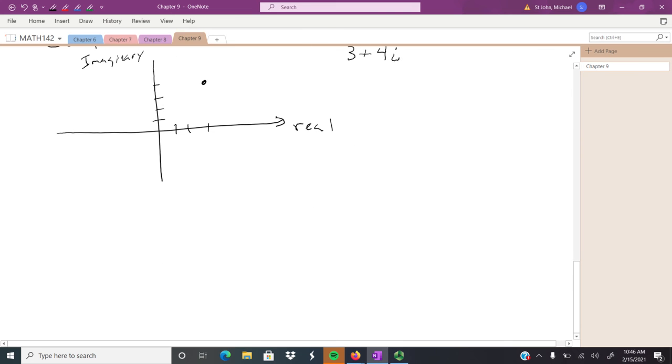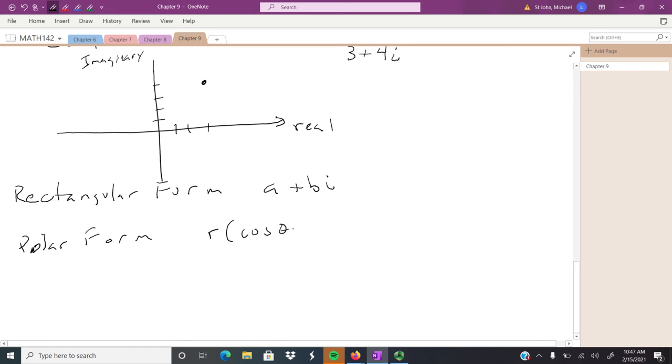So we can have a rectangular form, which is the a plus bi. We can also then have the polar form, which is going to be r cosine theta plus i sine theta.